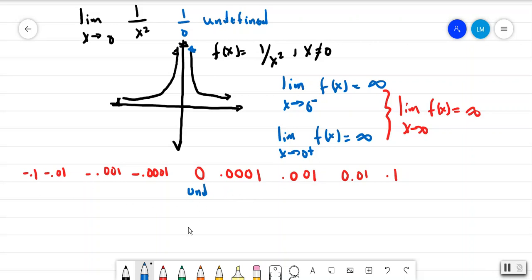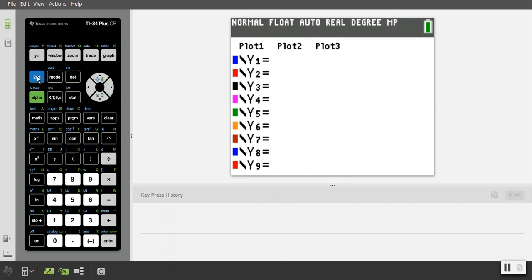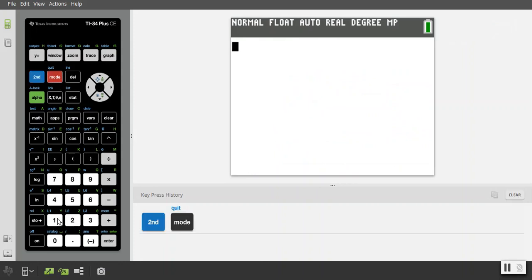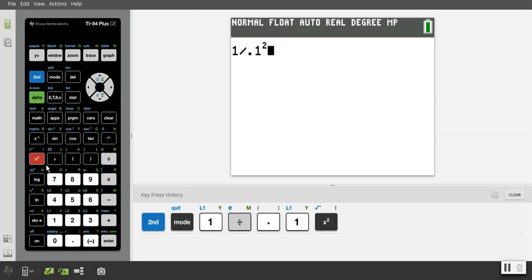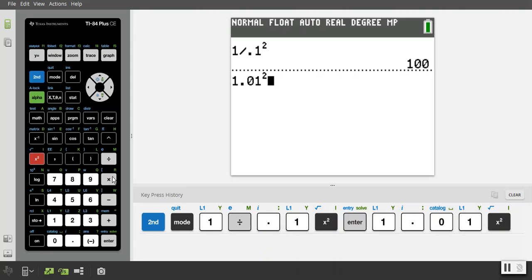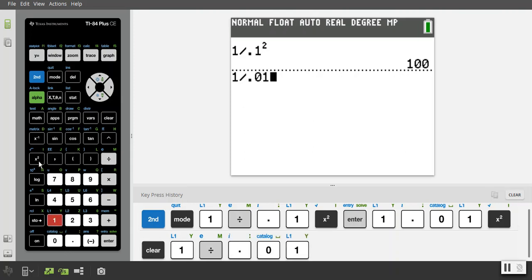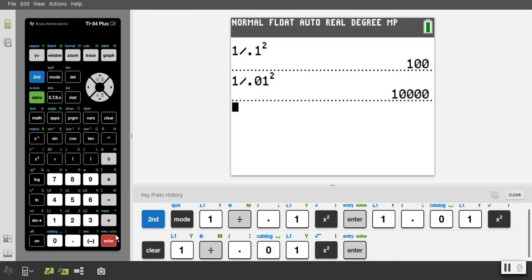For example, if I use my calculator and go to 1 divided by 0.1 squared, I get 100. If I enter smaller values, these values are just going to get bigger.